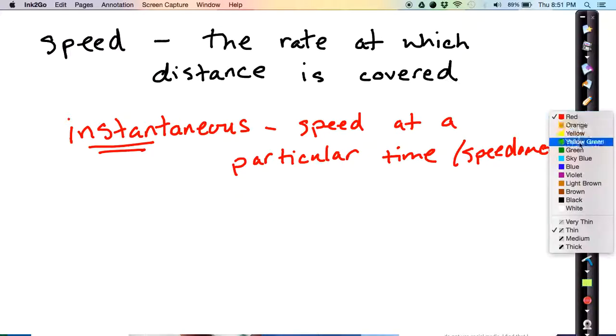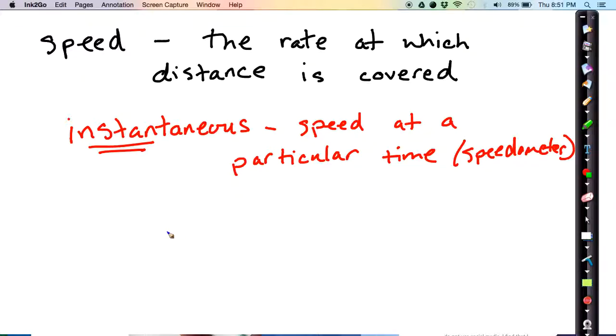The other consideration when describing speed would be to look at an average speed. And as the name suggests, we're looking at your average speed over a given time period. So mathematically, this would be your total distance covered in a given time interval.